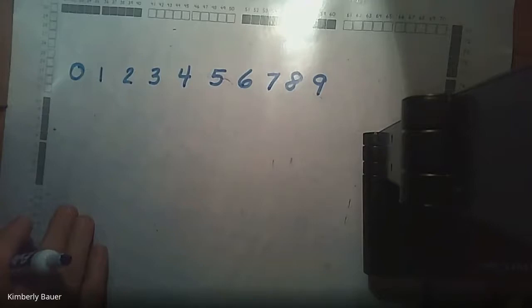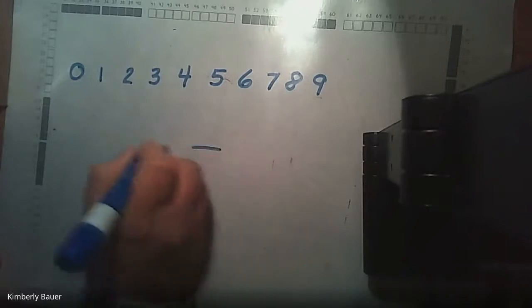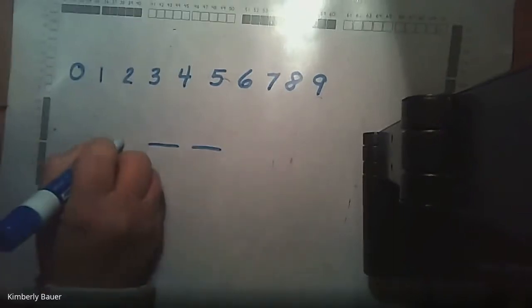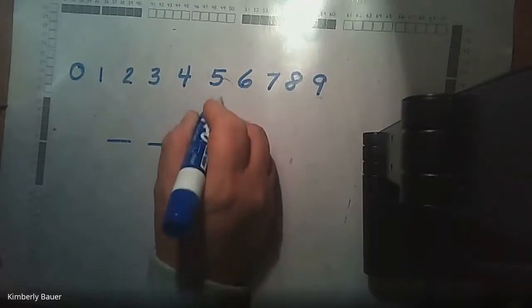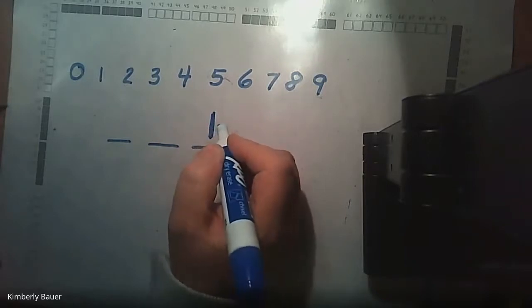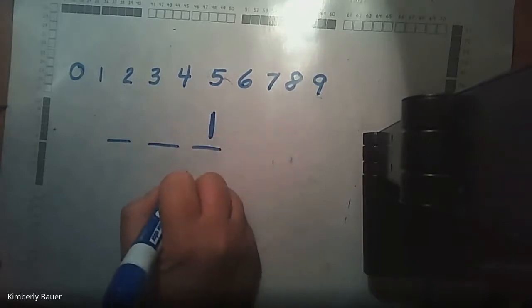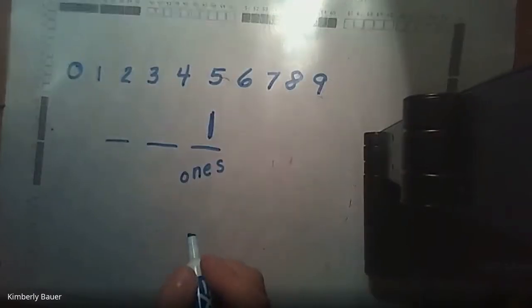We have learned this week that we're talking about putting these digits in special places. So, for example, we always start with our numbers on this side, kind of the opposite of writing and reading. And this is the ones place.